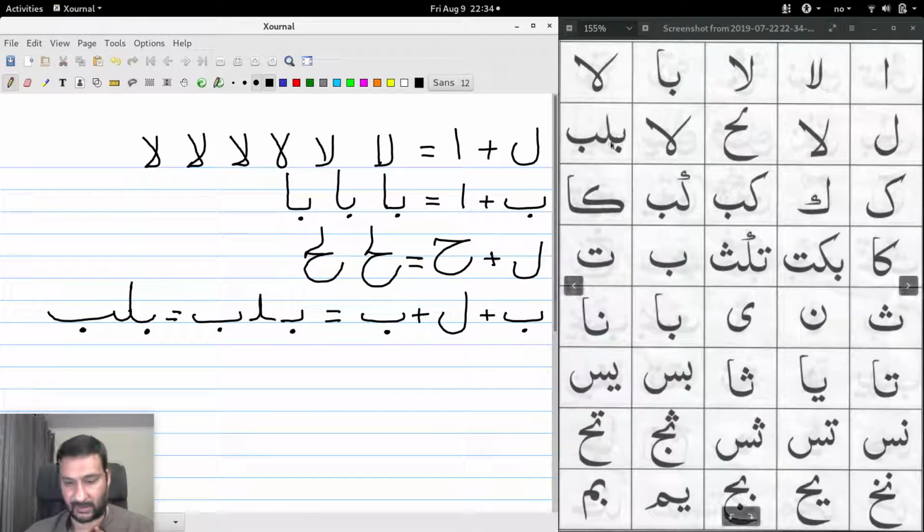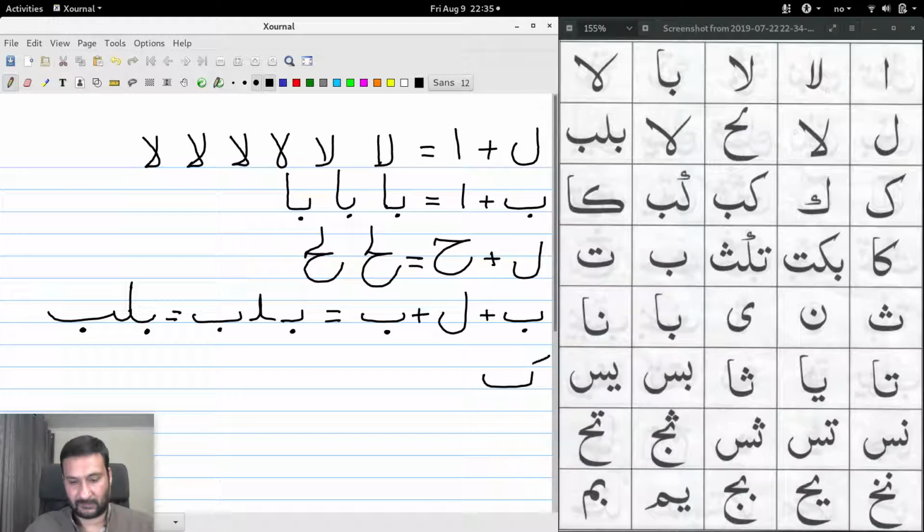Alright, so this is ba, lam, ba. This letter is kaf. We have already seen this in the previous video. This letter is also kaf. So now comes some combinations with this kaf and ba. So here are these two combinations, and I'll distinguish them for you.